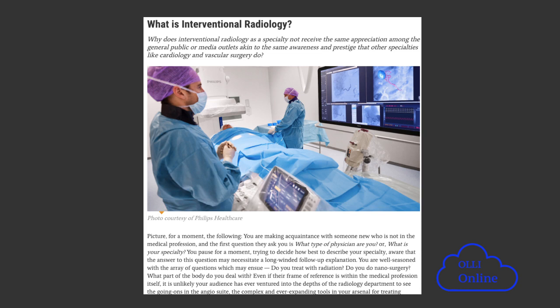This is just an article that highlights that point. Interventional radiology as a specialty does not receive the same appreciation in the general public or media that other specialties receive, and it's hard to get the point across sometimes, or for even people to understand what you do in the end.